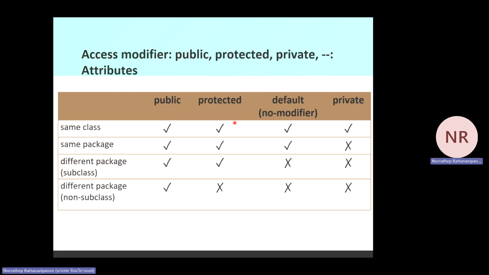On the other hand, if this attribute should be accessed by its subclass as well, then you should declare it as protected. Finally, in any other case, you should make it private. So this is the rule of thumb for declaring attributes in Java.